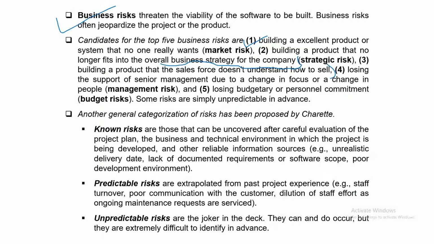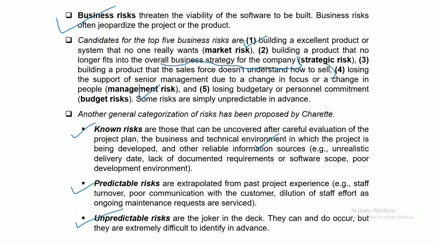Now, risk can also be classified into three general categories. One is known risks, predictable risks, and unpredictable risks. Known risk has the characteristic that it can be uncovered after careful evaluation of the project plan, and the business and technical environment in which the project is being developed.